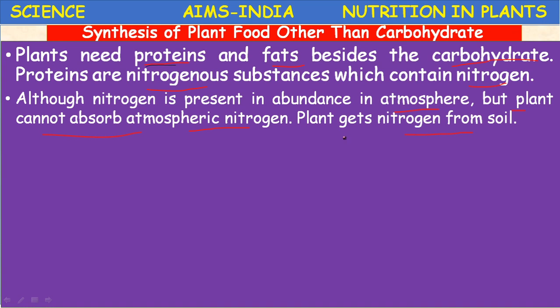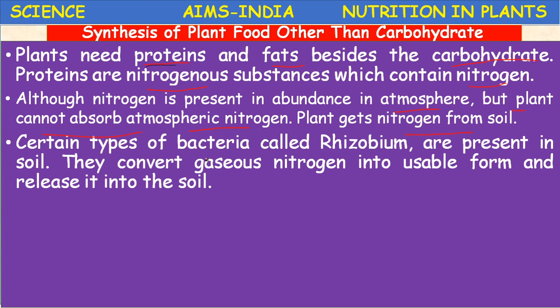In that form, though it is 70% and above present in the atmosphere, it is of zero use, no use for the plant. But the plant uses the nitrogen only in the form of compounds. Okay, nitrates and nitrites.